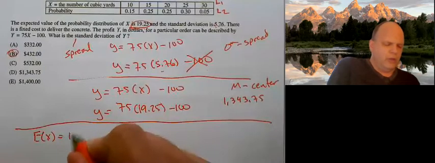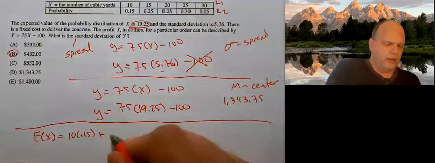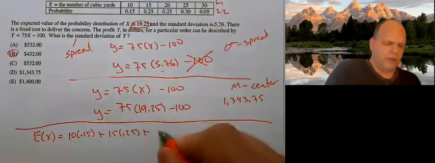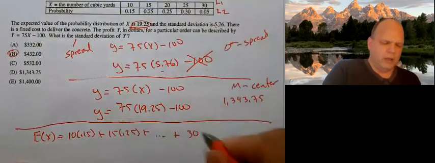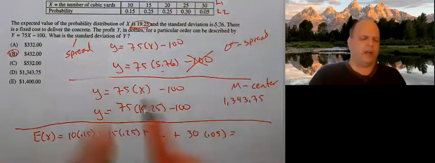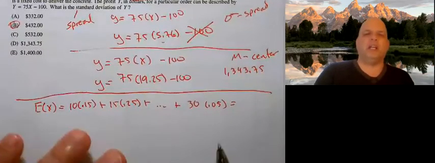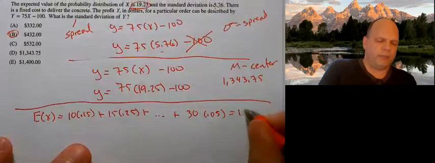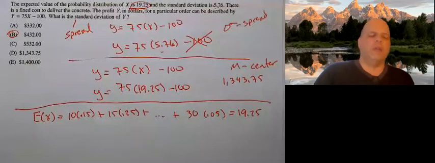Equals 10 times 0.15 plus 15 times 0.25 plus, and so on, plus 30 times 0.05. And if I did all that work, I'm going to end up getting what we previously got using L1 and L2, 19.25. So that's how I would show the mean.